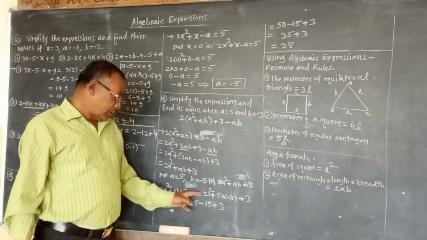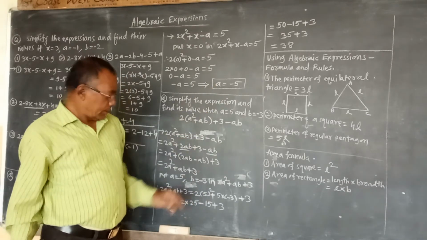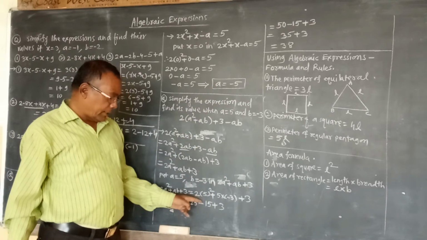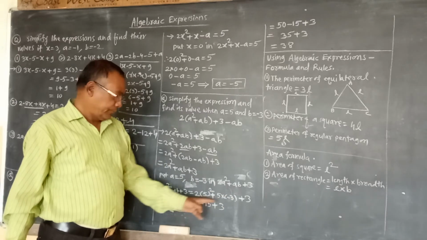And now 5 square is 25, 2 into 25 minus here 5 into minus 3 will be minus 15 and plus 3.